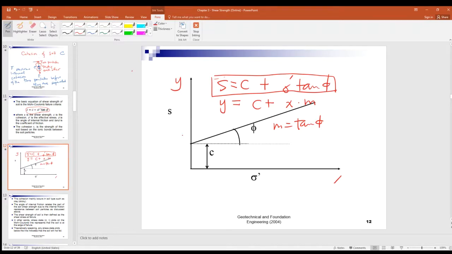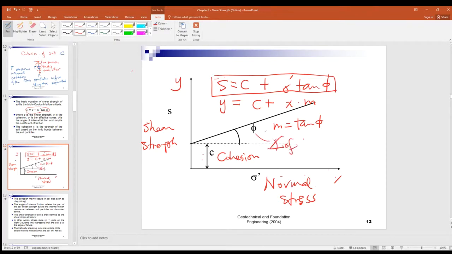Let's recap. When you look at this shear strength against the normal stress, this is the shear strength, and that is the normal stress, and C is the cohesion, and here is the angle of internal friction.